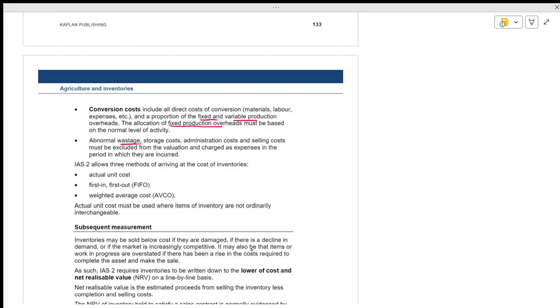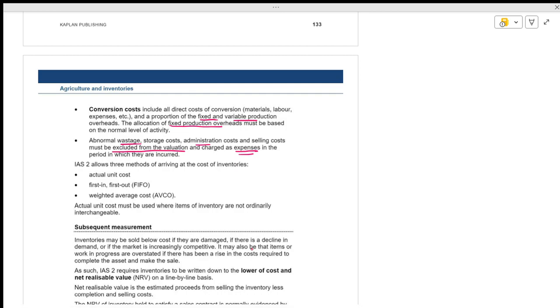Any wastage, storage cost, abnormal cost must be excluded from the valuation, and it has to be charged as expenses. Administration expenses, storage expenses, warehouse rent: you should not add these costs to the inventory.